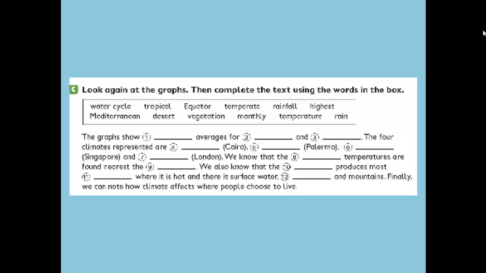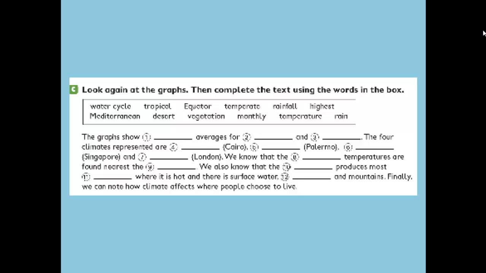They are water cycle, tropical, equator, temperate, rainfall, highest, Mediterranean, desert, vegetation, monthly, temperature, and rain. All of these words must be put in the spaces. Let's read and put them in the correct space.